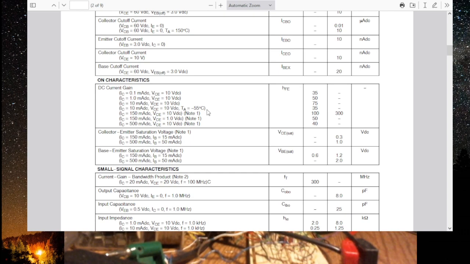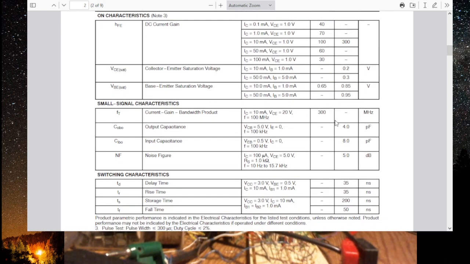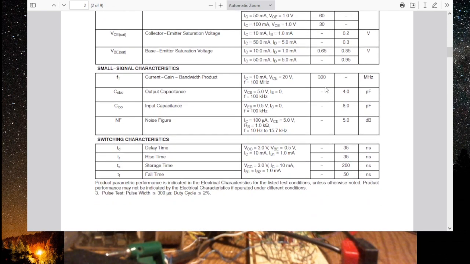Oh, they've tested this at minus 55 degrees. 35, 50, 75. This is 40, 70, 100. This looks like the 3904 has more gain. Base emitter saturation 0.65 volts. That's a diode voltage.